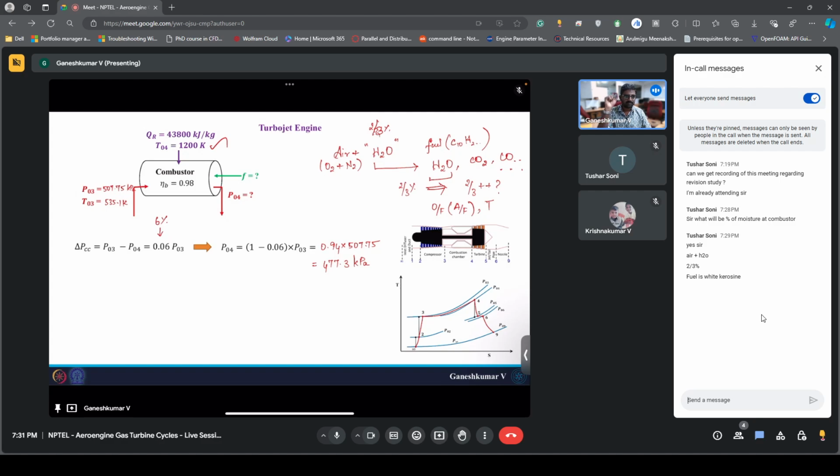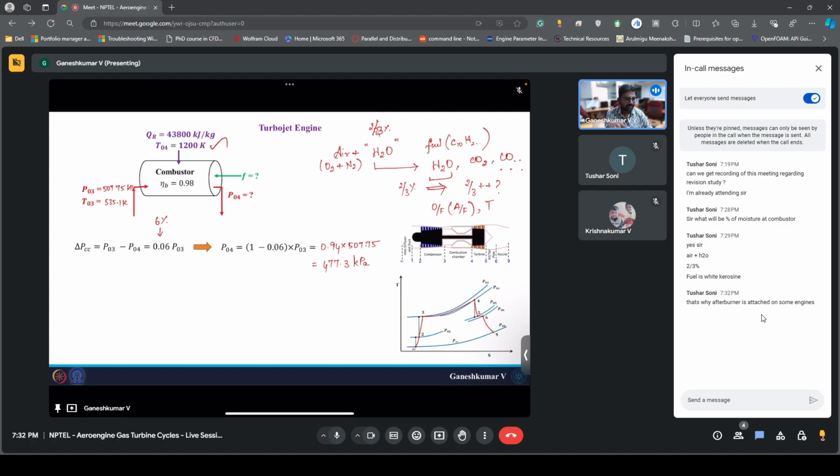If the temperature is very high, the H2O molecule does not remain as H2O. It can decompose and become H and OH, or it can become H2 and O2. All these things can happen, and they determine the moisture content at the exit of the combustor.